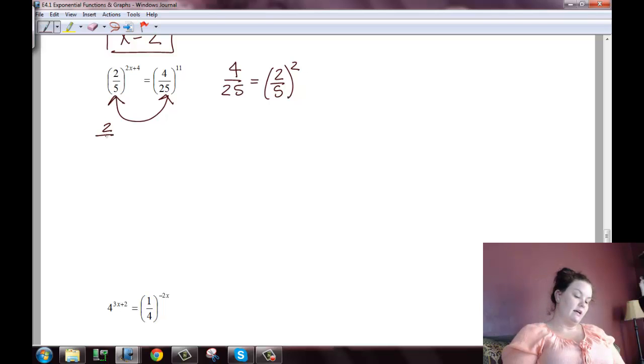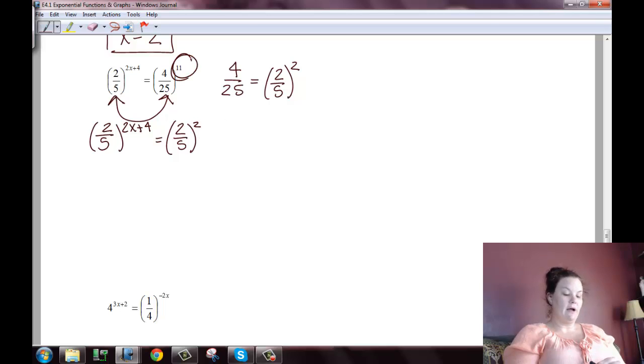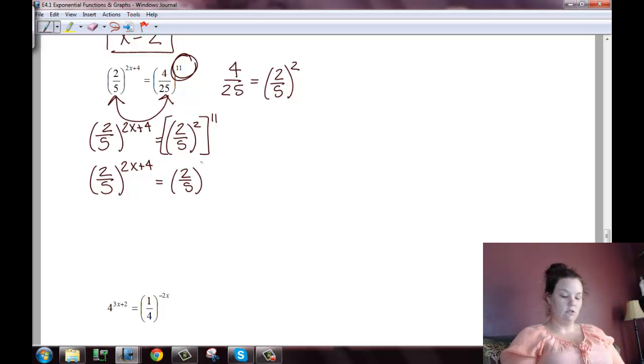So on the left-hand side, I have 2/5 raised to the 2x plus 4 is equal to 2/5 squared. And then don't forget about the power that's already there. So then this is actually raised to the 11th. Again, when I have a power raised to another power, I multiply them. So this is 2/5 to the 2x plus 4 is equal to 2/5 raised to the 2 times 11, which would be 22.